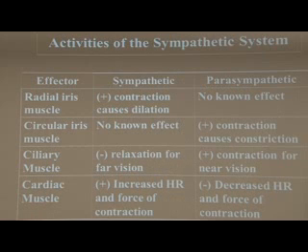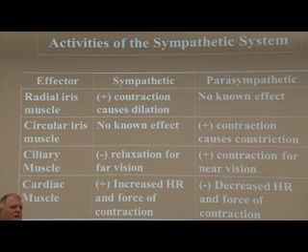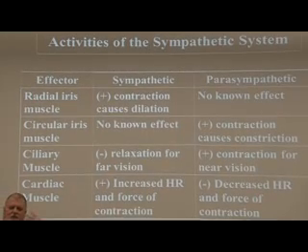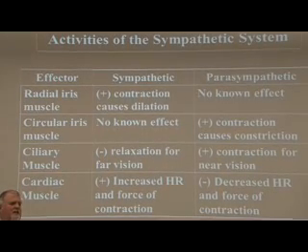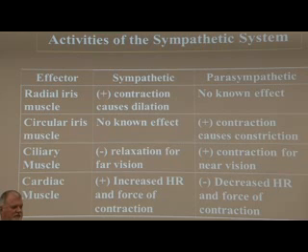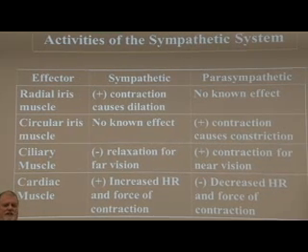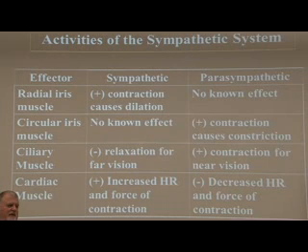So I created a little chart for you. The way to think about it, and you can memorize this if you want, but the best way to do it is to think about what your body would need in a fight or flight response. If it's something you'd want to accelerate in a fight or flight response, then it's going to be done by the sympathetic nervous system.